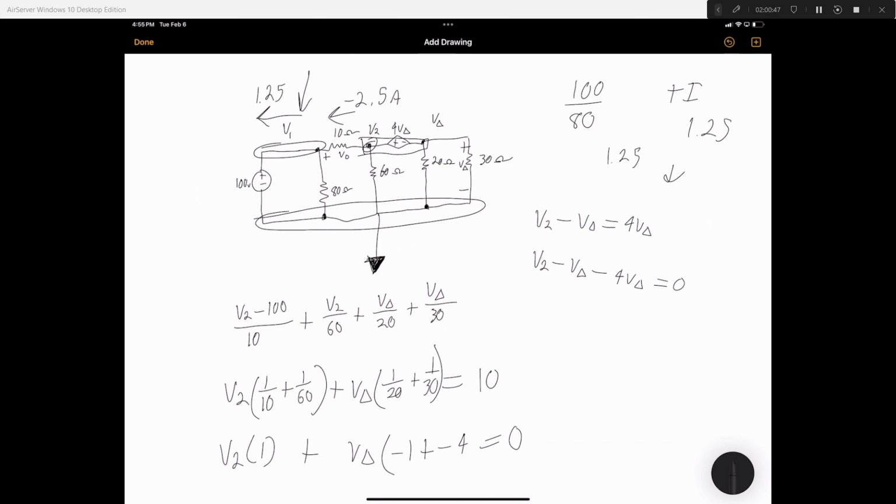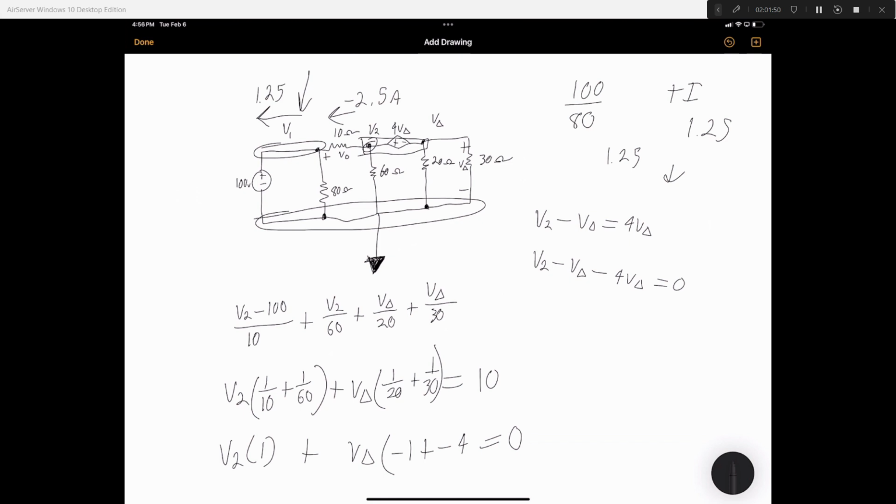Let's see. This is quite a conundrum. $125 is not the answer.